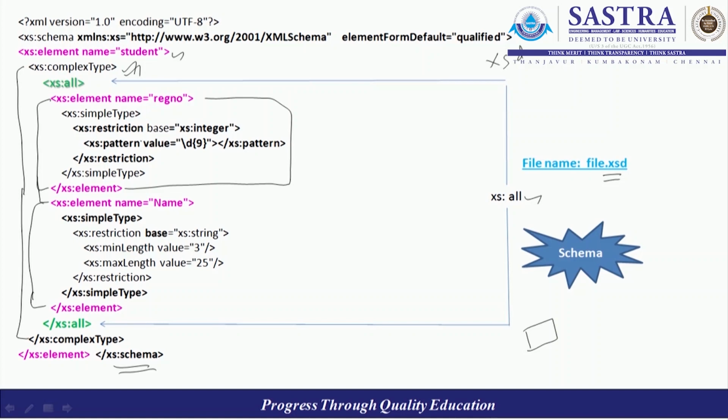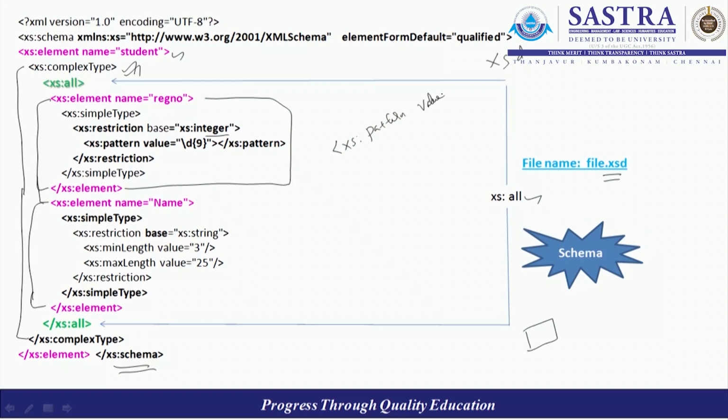Simple type. I have given restriction base as string, then xs:pattern. This is one new concept we have here. The xs:pattern, what are the various types of values we can give? With the help of regular expression concepts, we can explore the regular expressions through pattern.